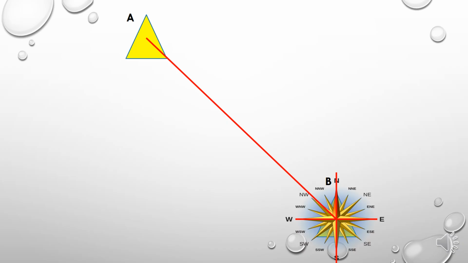We can see, therefore, that the direction of point A from point B is actually northwest. Now, just as a point of reference, if the line passed anywhere in this shaded area right here, it is still considered northwest, because northwest is actually anywhere in that area as well.